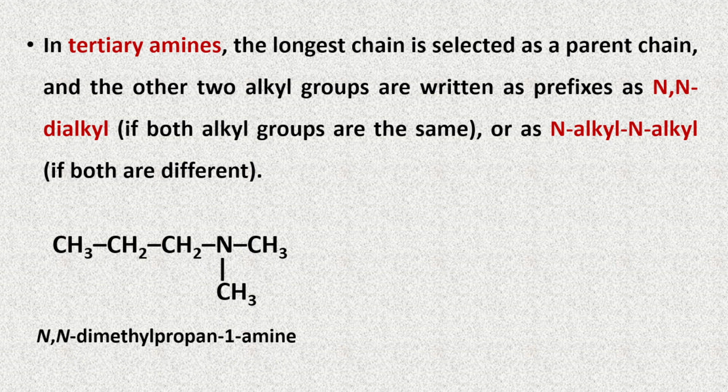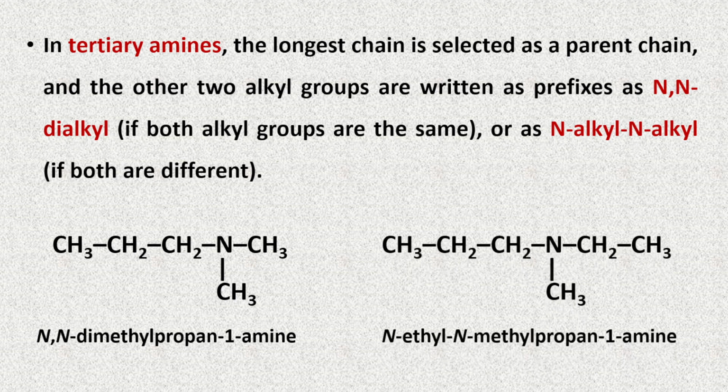In this compound, there are three alkyl substituents, among which two are methyl groups. So its IUPAC name is N,N-dimethylpropan-1-amine. In the second compound, there are three different alkyl groups attached to the nitrogen, among which propyl is the longest one. So its IUPAC name is N-ethyl-N-methylpropan-1-amine.